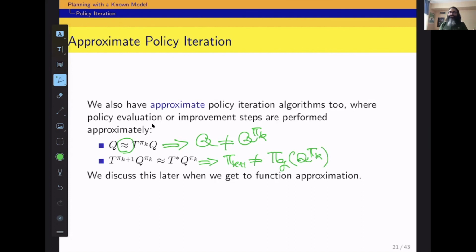Also, I should mention that for value iteration, we have approximate value iteration, which is essentially that we don't do each step of applying the Bellman optimality operator exactly. I think I'm going to talk about approximate value iteration later, and maybe approximate policy iteration, but we'll see. But here, I assume everything is exact.